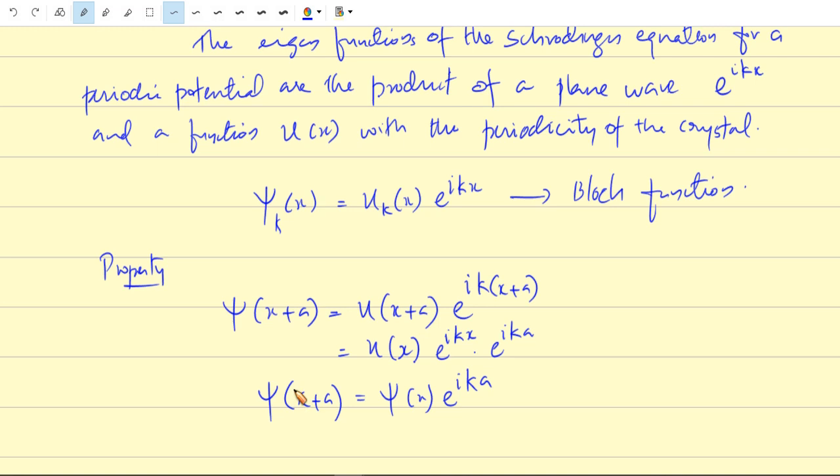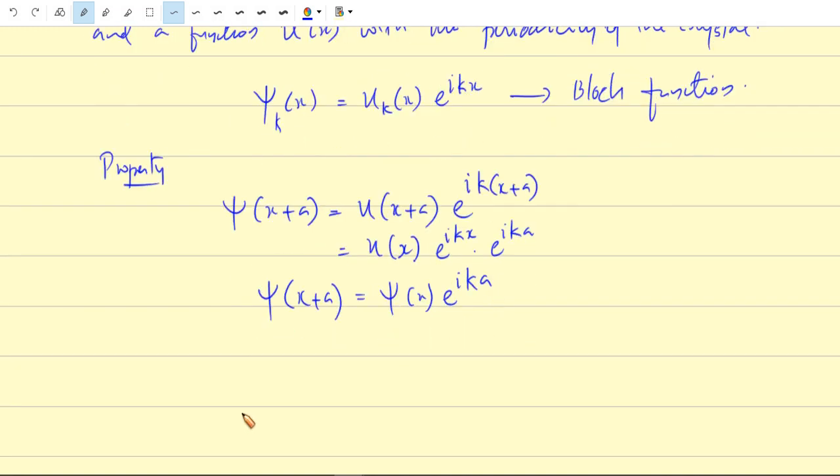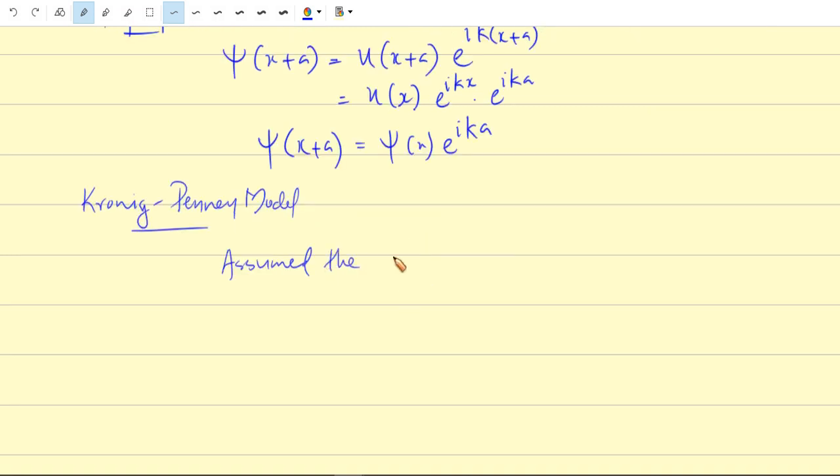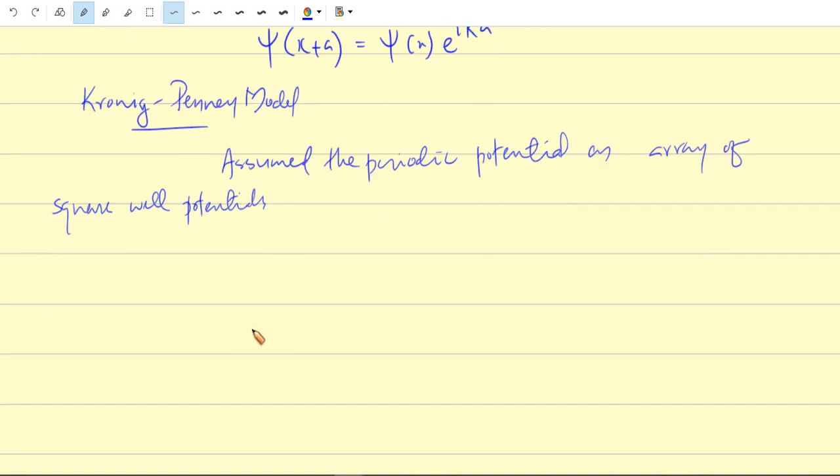Now let us take the case of an electron in a periodic potential inside a crystal in one dimension. The simple model is called the Kronig-Penney model. So let us explain the Kronig-Penney model here. Kronig and Penney assumed this potential as an array of square well potentials, which can be plotted like this.